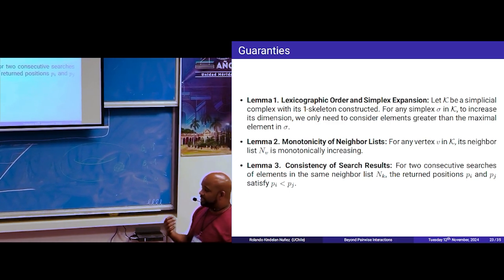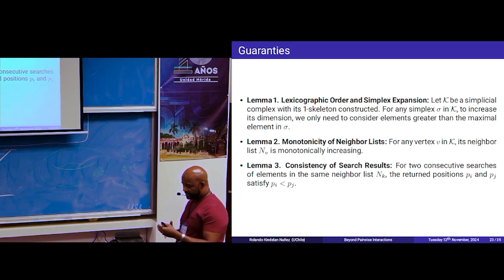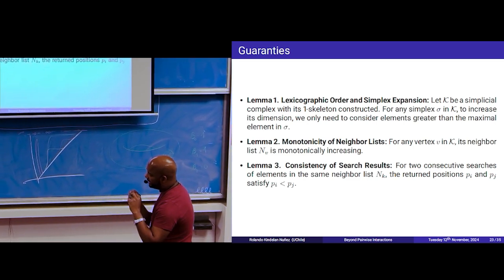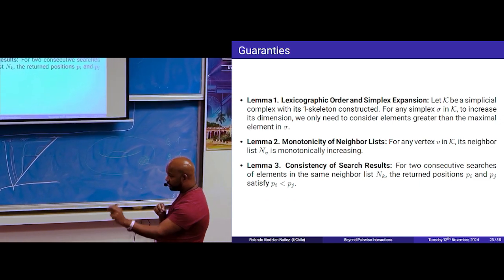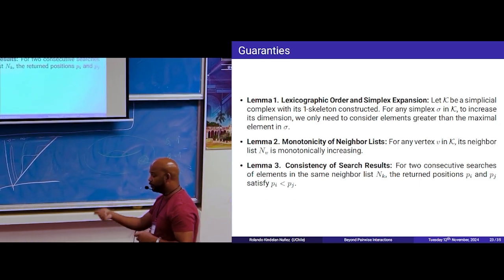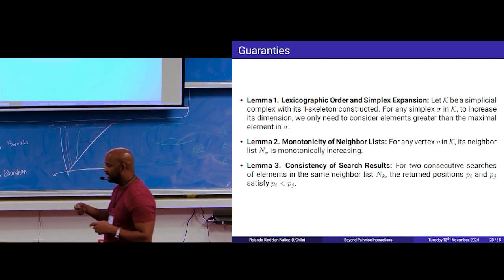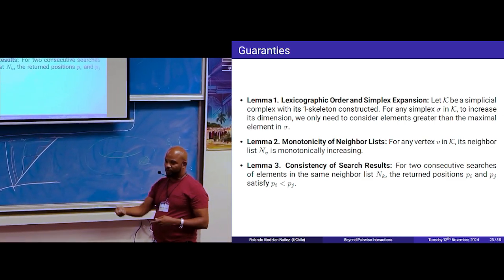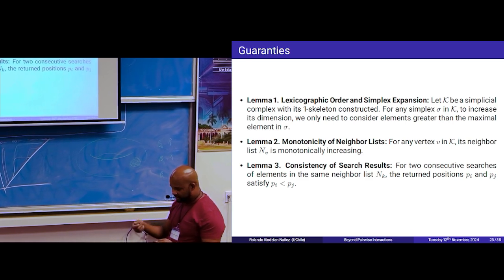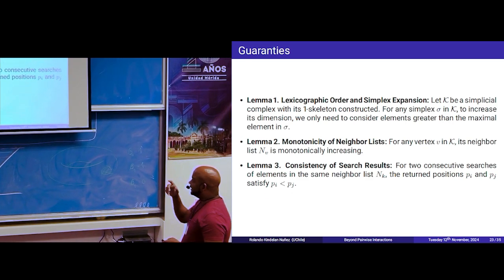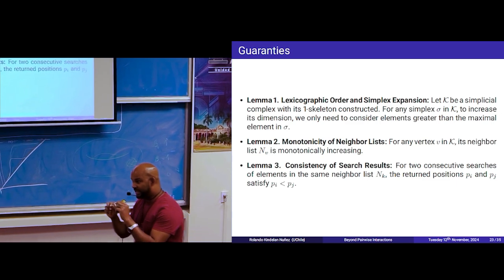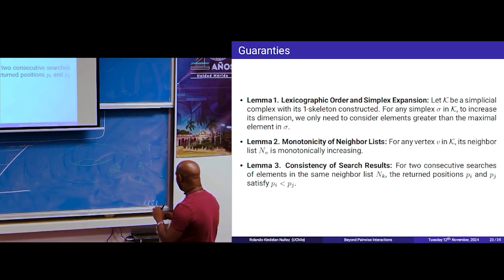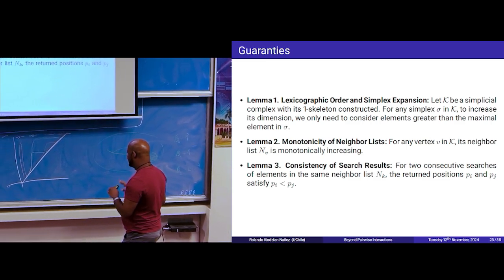Then the consistency of the search results. Since our nearest neighbor lists are sorted, we only need to find data in the sorted list of other points in a sorted sequence too. So everything is sorted, and that gives us the property that the search results will also be sorted.